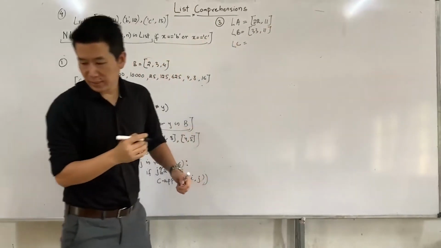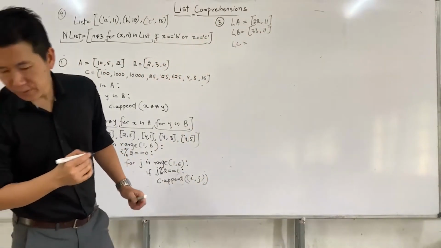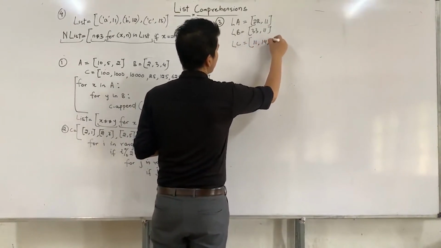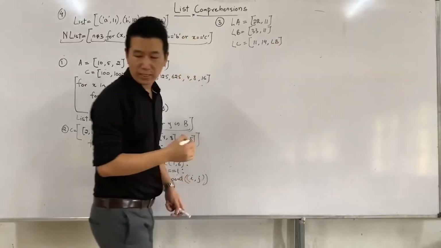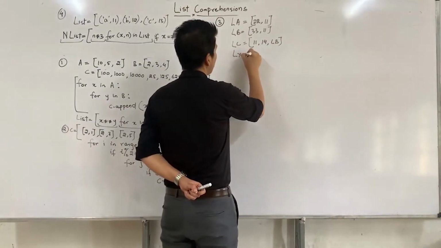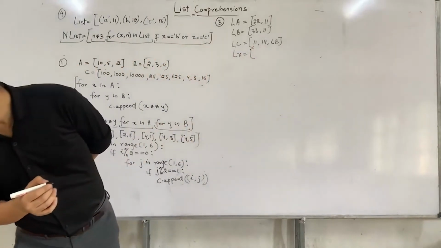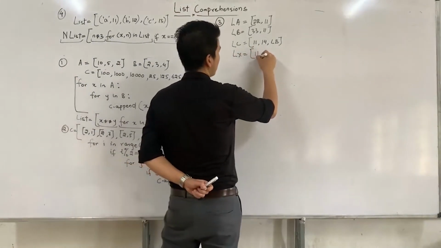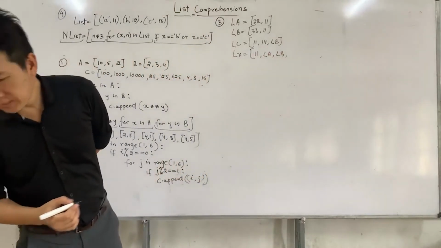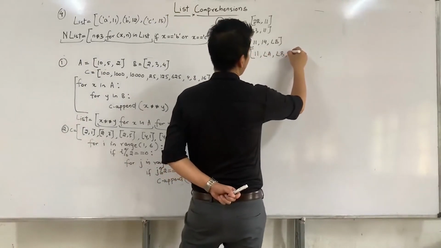You have LC as 11, 14, LB, if I'm not wrong. And then LX is equal to 11, LA, LB, and then finally I have 15.